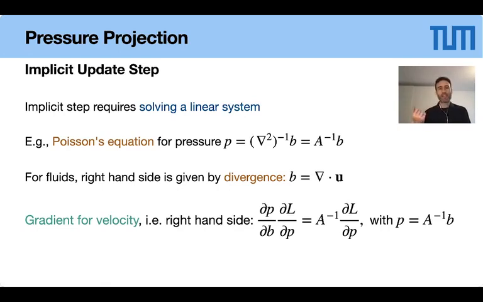If you just look at how the pressure changes with respect to B, then this is just this A matrix, or here specifically the inverse. We're multiplying with A inverse. That gives us the new solution. And now if we compute the derivative of this operation, well, partial P, partial B just leaves A inverse.